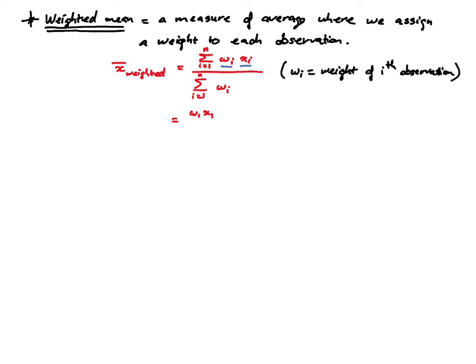For the second observation, omega 2 times x2, and for the nth observation, omega n times xn. Then we sum up all those products, and we divide it by the sum of all the weights, so omega 1 plus omega 2 all the way to omega n in the denominator. Okay.